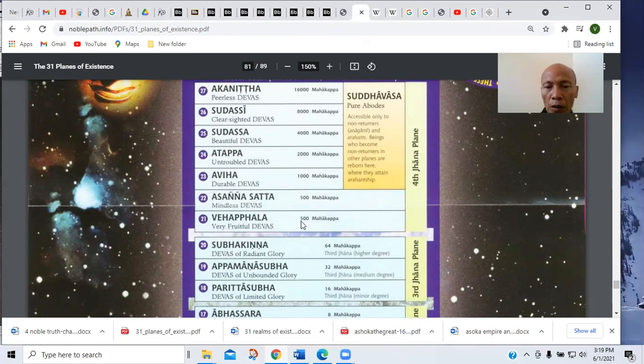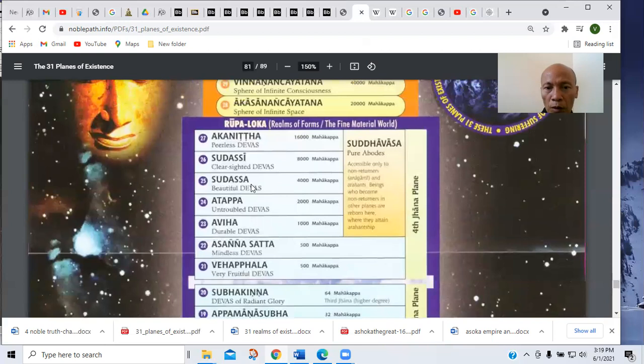They live up to 500 Maha Kappas. The mindless devas live to 500 Maha Kappas. The durable devas live to 1,000 Maha Kappas. Untroubled devas, 2,000 Maha Kappas. The beautiful devas live up to 4,000 Maha Kappas.